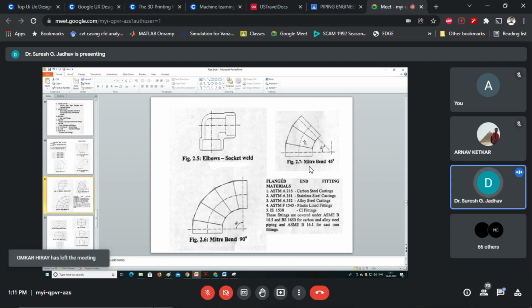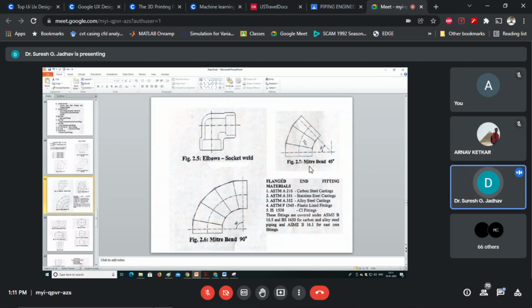It's available in cast iron construction. So here you can use CI materials, and with the help of these materials you can manufacture the miter bend having 22.5 degrees.